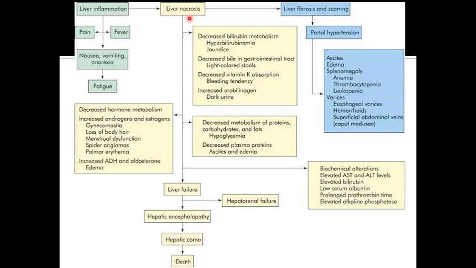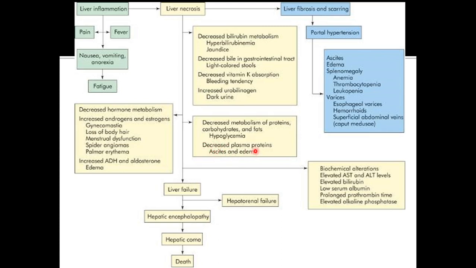And once we start losing hepatocytes, we start losing all of those functions that the liver provides. So that huge list of a dozen things that the liver does. So decreased bilirubin metabolism, decreased vitamin K absorption, decreased hormone metabolism, which can lead to things like gynecomastia and these other situations here. Decreased plasma protein production, and that can lead to a loss of oncotic pressure within the vascular space, which will cause fluid to filter out.